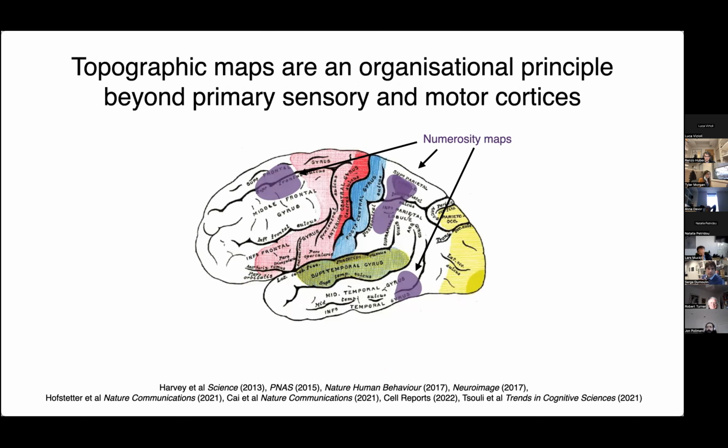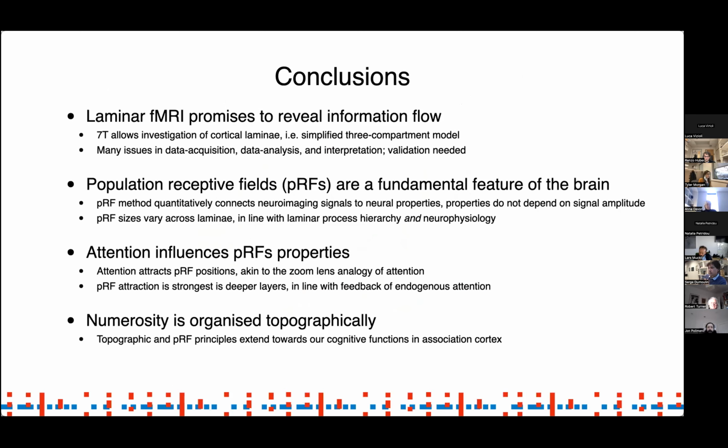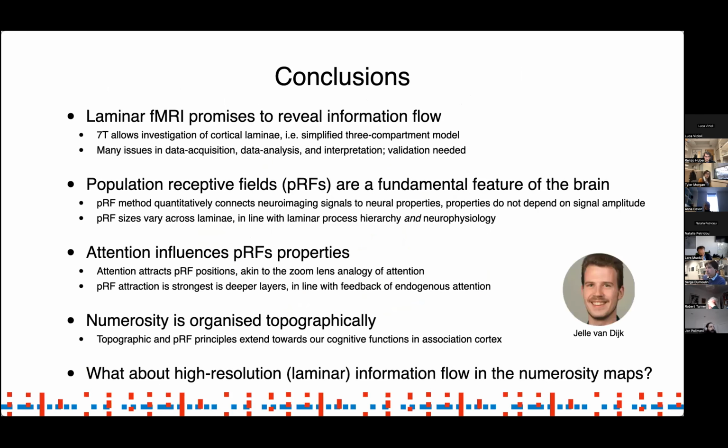And then we can ask, are laminar properties varying in the same way in these numerosity maps as they do, say, in what we found in primary visual cortex? So these numerosity principles extend to association cortices, and the question is whether the laminar information flow is similar in these maps to the visual field maps we described before.